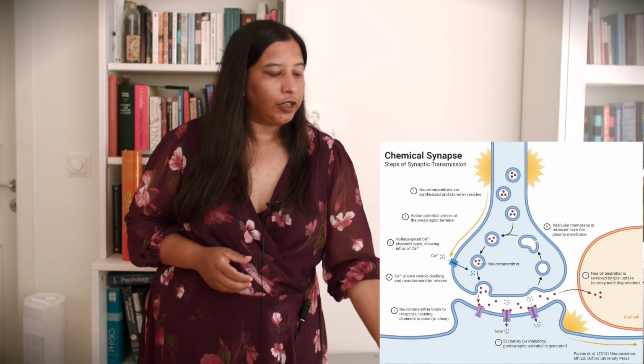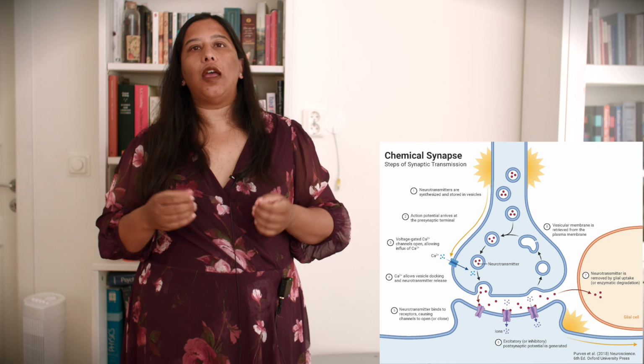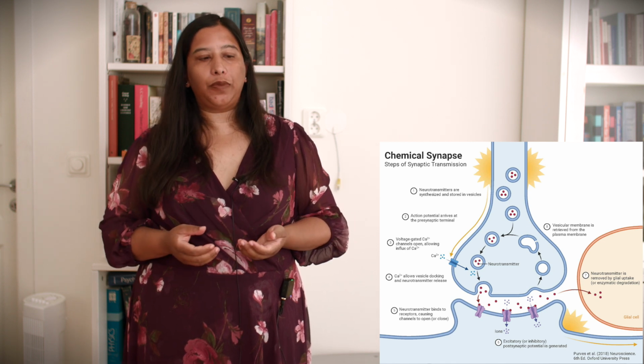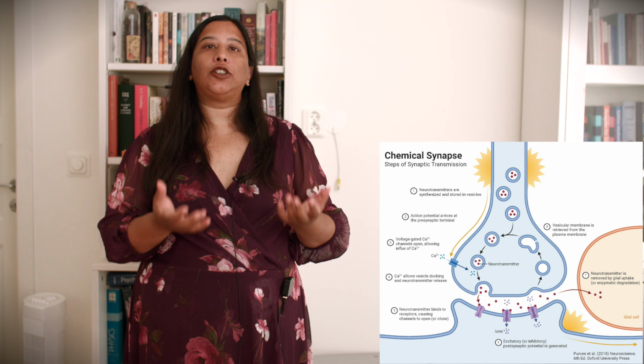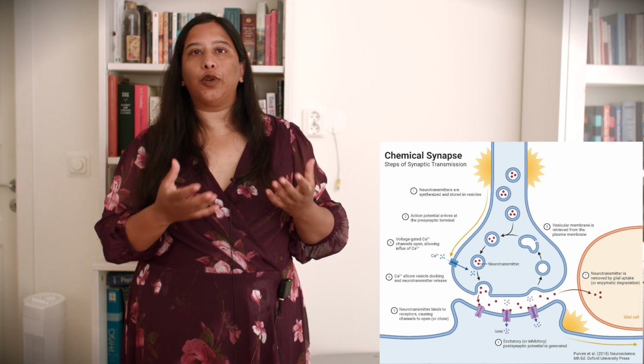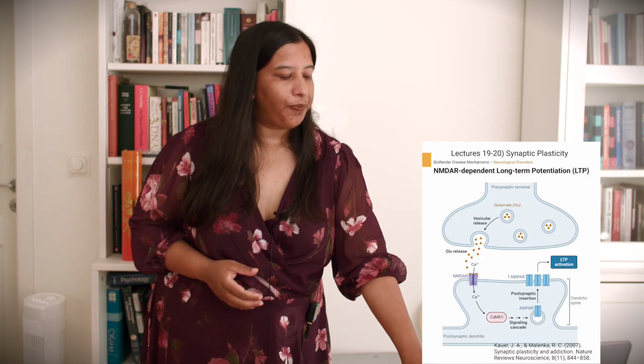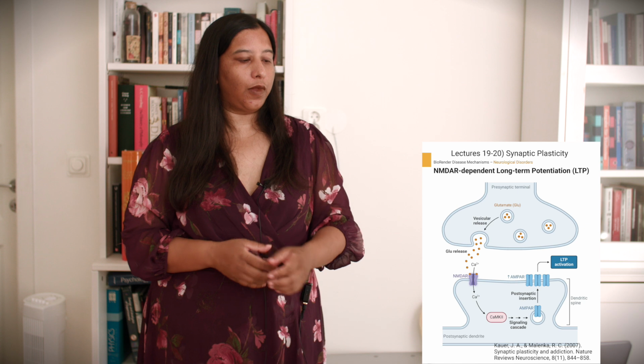So I have walked you through the main 8 steps of synaptic transmission. And in the next lecture, we will delve into detail and talk about neurotransmitters, about the different types of neurotransmitters there are. But one more thing.